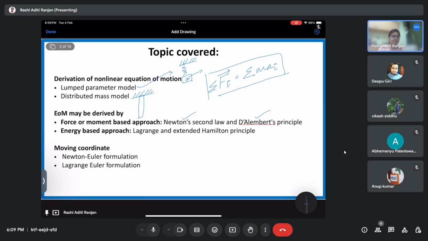Simple and easy. D'Alembert's principle is a special case of Newton's second law, wherein we consider that our inertia force is also an integral part of the system, which means that if I consider some F, let us say the inertia force is equal to minus the summation of mass into acceleration.